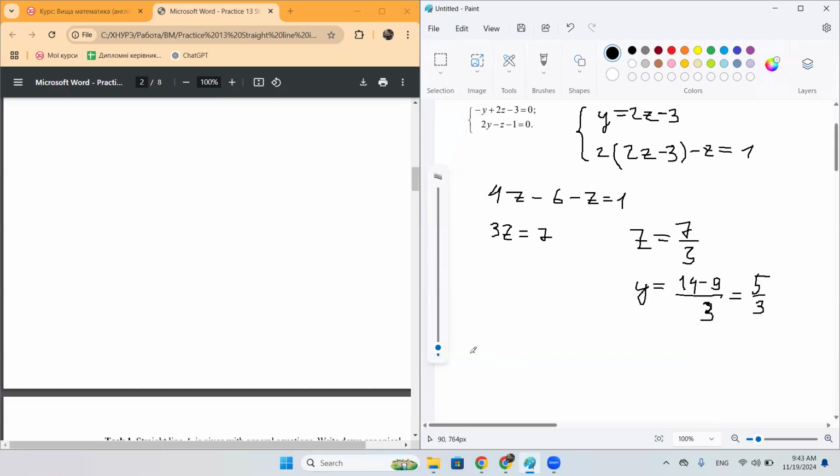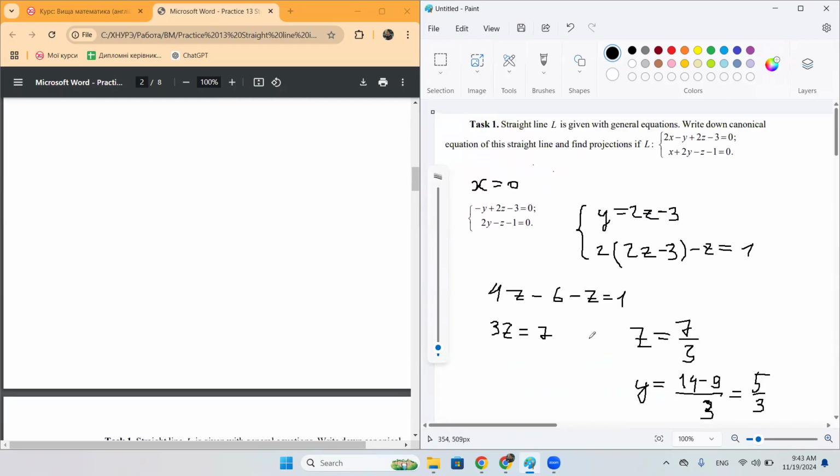And finally, we received the point M0 that belongs to this straight line: 0, 5 by 3, and 7 by 3. And now we need to find the direction vector of the straight line.